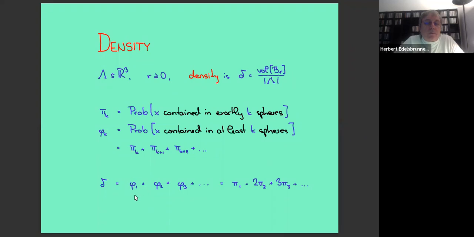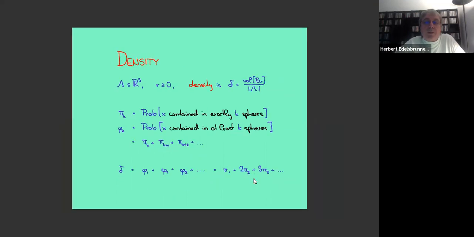So this is phi sub 1 plus phi sub 2 plus phi sub 3, or write it like this with probabilities: pi 1, twice pi 2, 3 times pi 3. Okay, but I really like this intuition of the expected number of spheres that contain a point. So this is the density, and I explained the FCC and the packing and the covering in this classical notion of density.